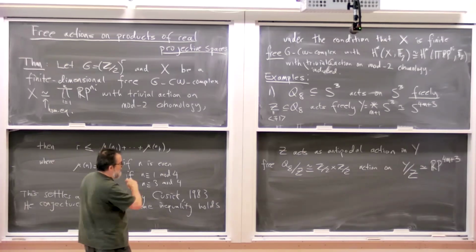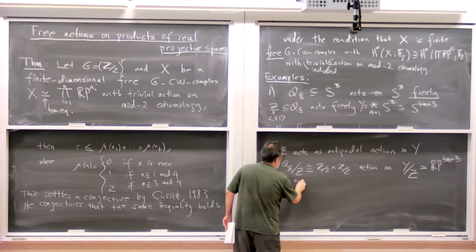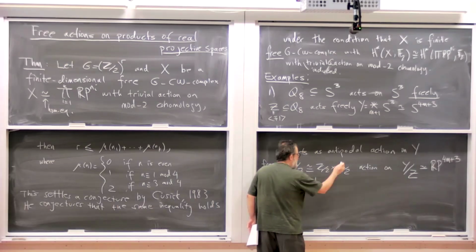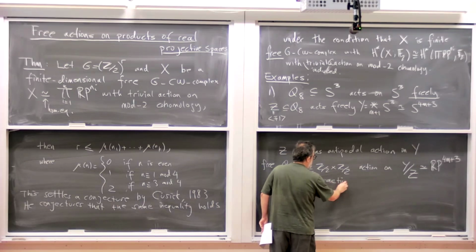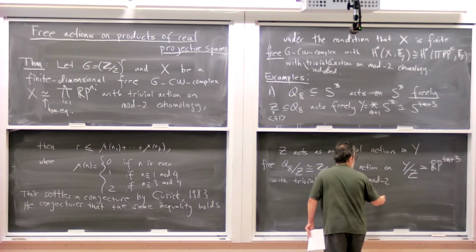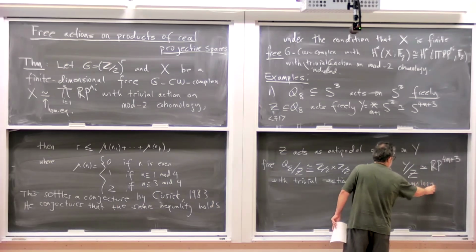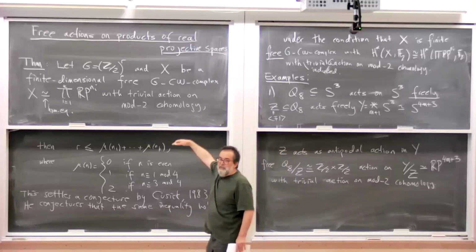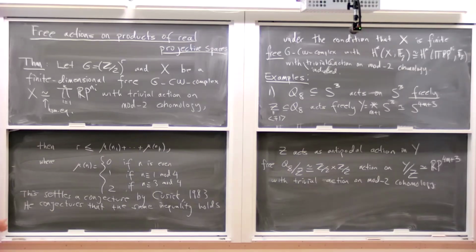And this action is trivial on mod 2 cohomology. You can show it using the representation. So it satisfies the conditions, and it gives you an action of a rank 2 group on an odd real projective space.